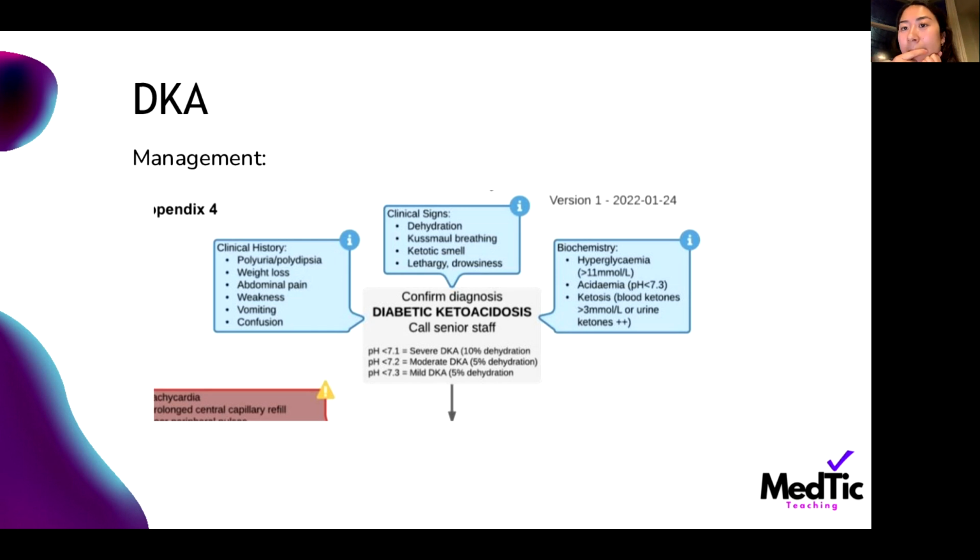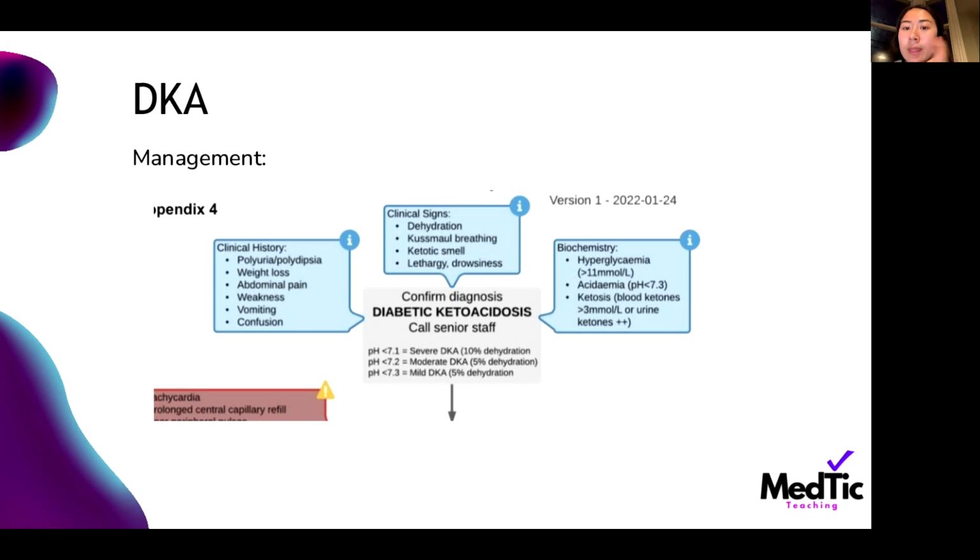So you can see here, we just need to actually diagnose DKA. Like we went through before, the biochemistry, the clinical signs, the clinical history, you're going to be able to diagnose DKA. And then it's important to know the percent dehydration, because that's going to let you know how much fluid you're going to need to prescribe.